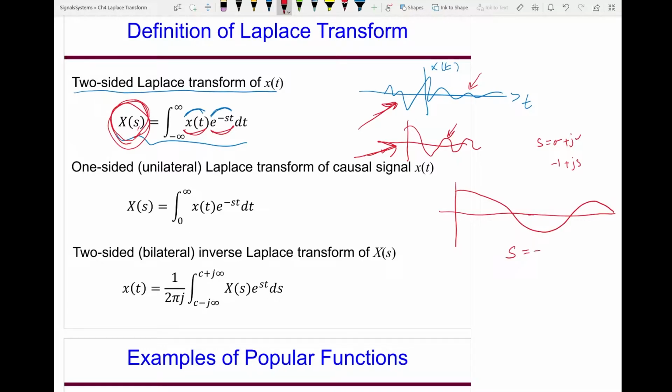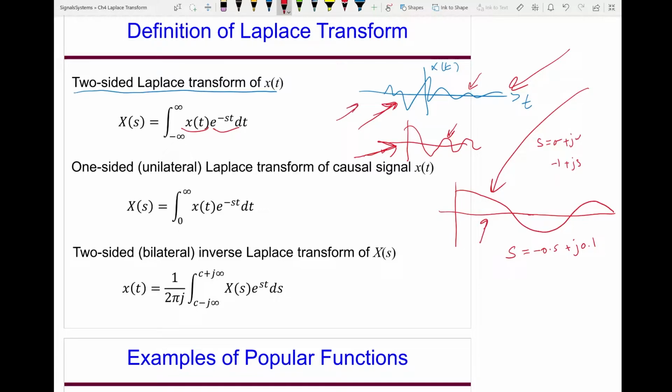It is probably -0.5 plus j0.1, low oscillation. In this case, again, this integral means I take this signal x of t, I multiply it now by this one and integrate, and I will get a value. That value will tell me how much of this is present here. And that's the Laplace transform.